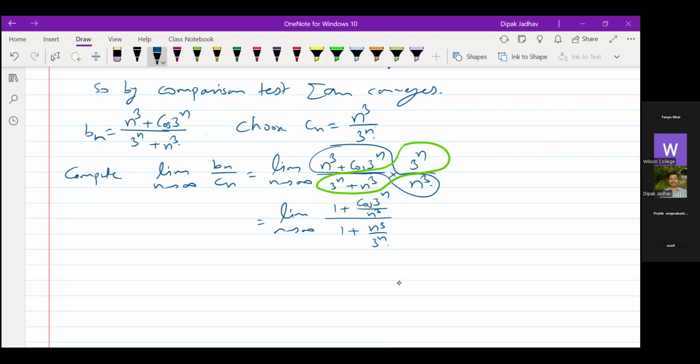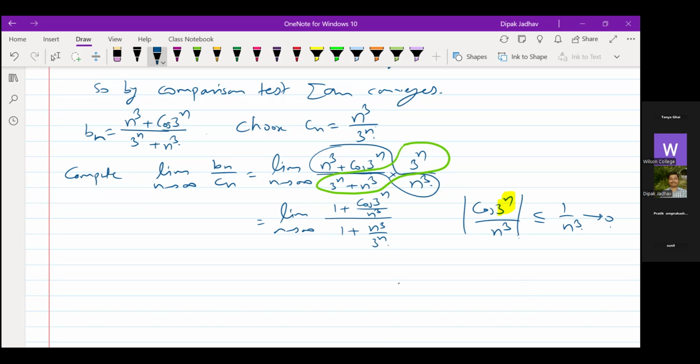What will be the limit of the numerator? Where does cos 3 raised to n upon n cube go as n tends to infinity? 0. This is less than or equal to 1 upon n cube. Whatever may be the angle, cos of that angle is bounded by 1. And you have denominator n cube, which is going towards infinity. So this term will also go towards 0.